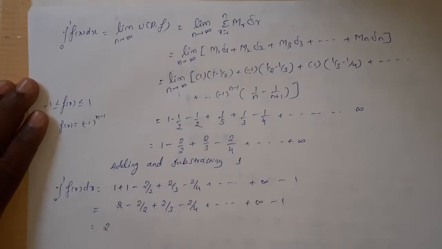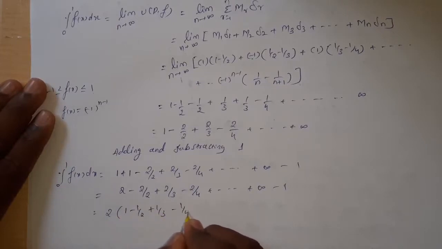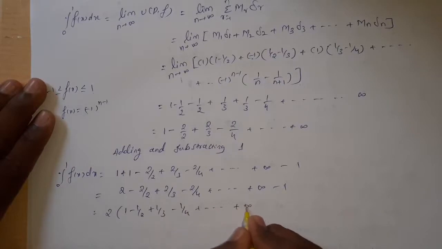Then we can take the 2 common in the numerators of all the terms, then it is 2 times 1 minus 1 by 2 plus 1 by 3 minus 1 by 4, and so on up to infinity, minus 1.